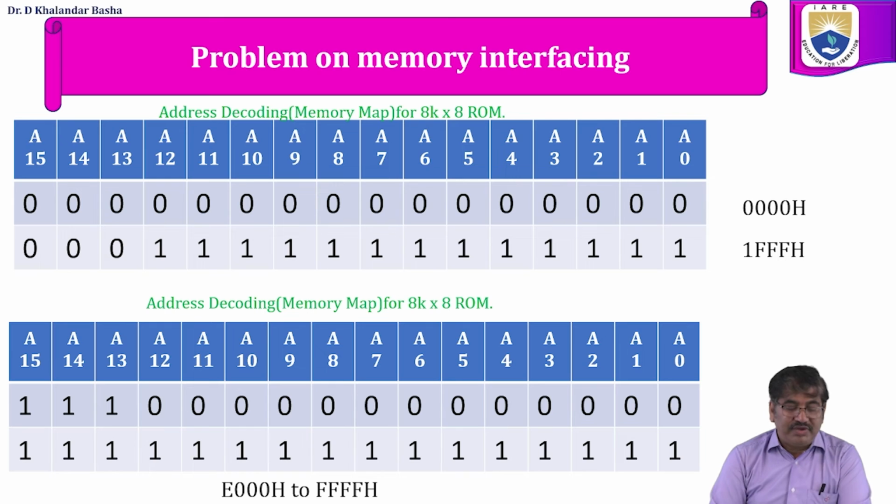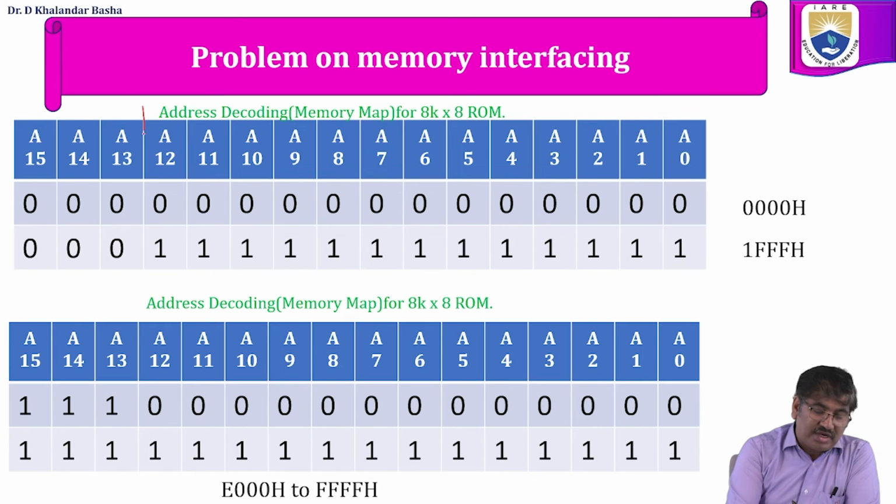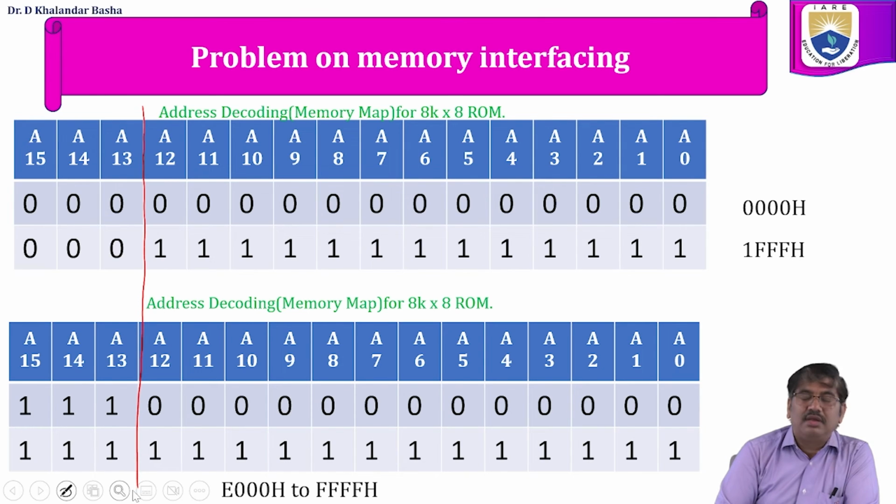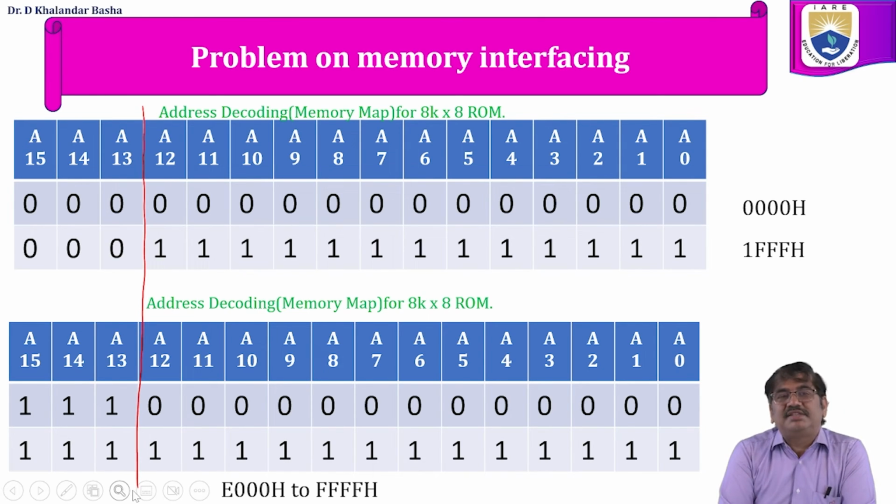So the address space we are going to take for 8K is A0 to A12, that is 13 address lines. For the upper address lines, as per the given specification, the address for ROM is 0000 and for RAM it has to start with E000. So for that purpose, we give the upper lines as 000 for ROM and 111 for RAM.